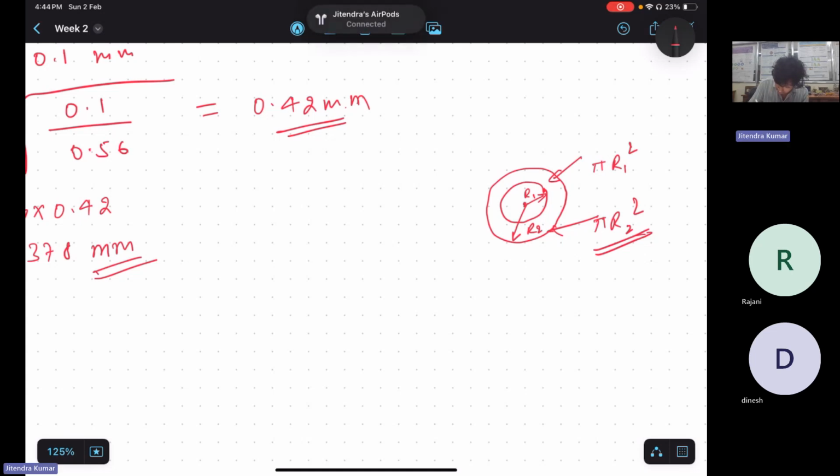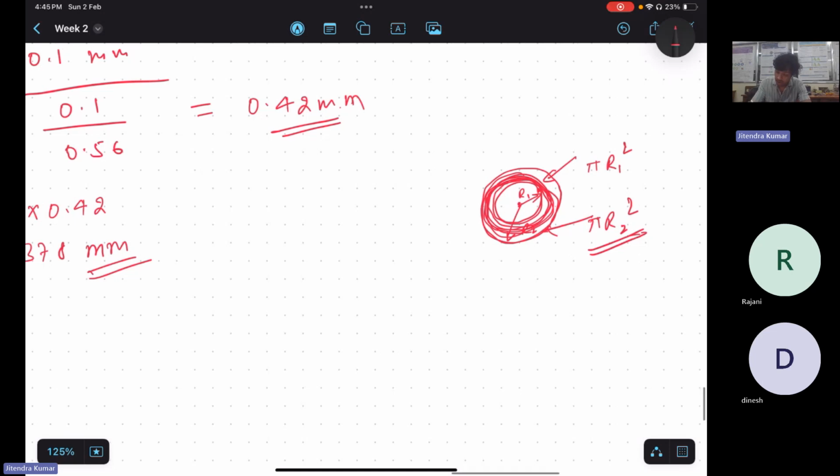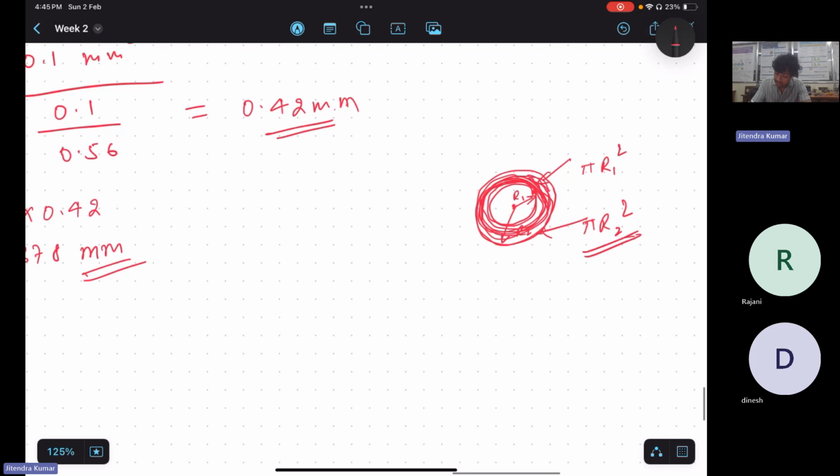The scenario here is you have windings all over the place, so you just cannot take the difference here. Are you getting my point, Dinesh? This space is not vacant. All over, windings and wires are there.